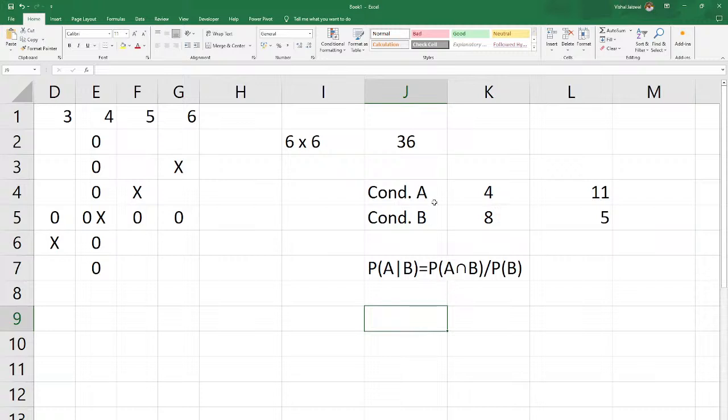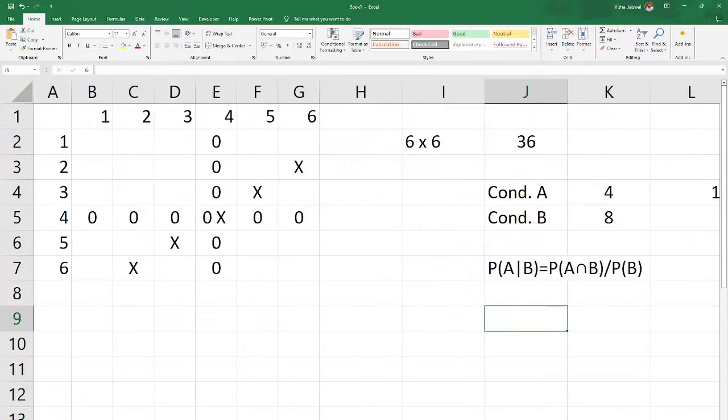Now, to get the result, we first have to get the probability of A intersection B. When you look at it, how many times did the events intersect? Only one.